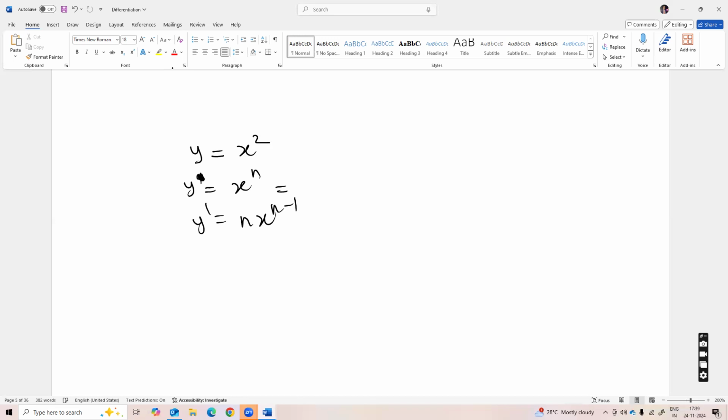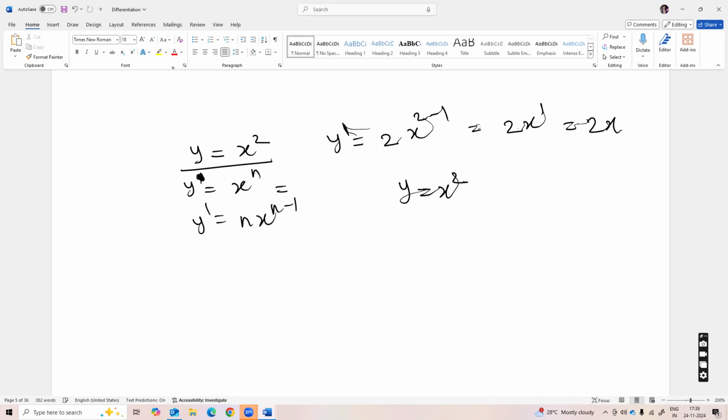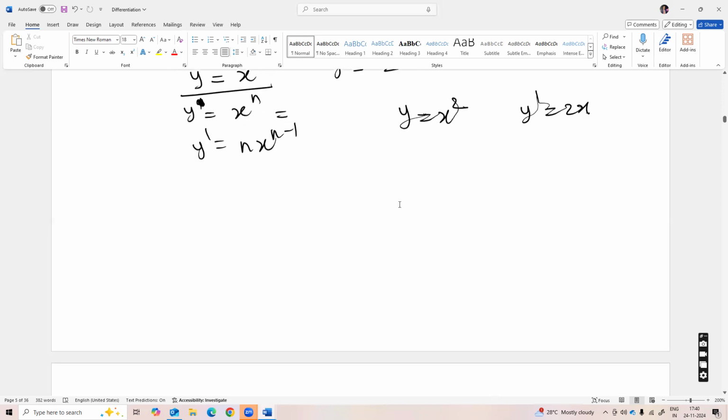So here, when y equal to x square, y dash is equal to 2 into x to the power 2 minus 1. So it will give 2 into x to the power 1, and x to the power 1 is x only. So it is 2x. If y equal to x square, its derivative y dash is equal to 2x. And this identity we have seen earlier using the basic definition of differentiation or derivative, so you can compare.